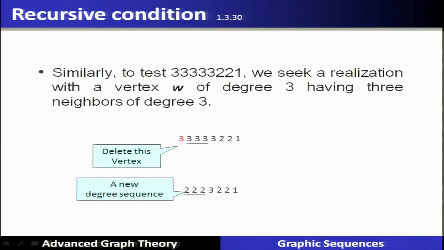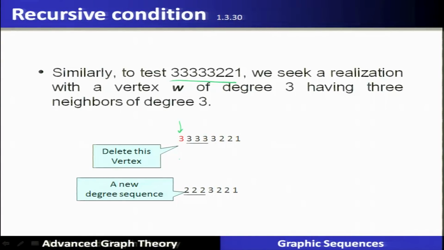Similarly, to test whether the sequence 3 3 3 2 2 1 is a graphic sequence or not, we seek a realization with a vertex at w. Let us take a vertex with the highest degree and its that many neighbors. For example, degree is 3, so 3 neighbors, 1 2 3.